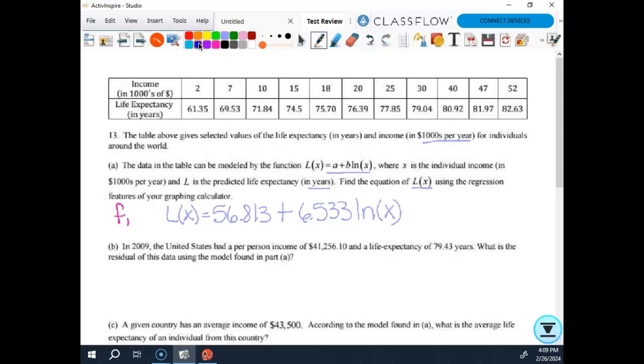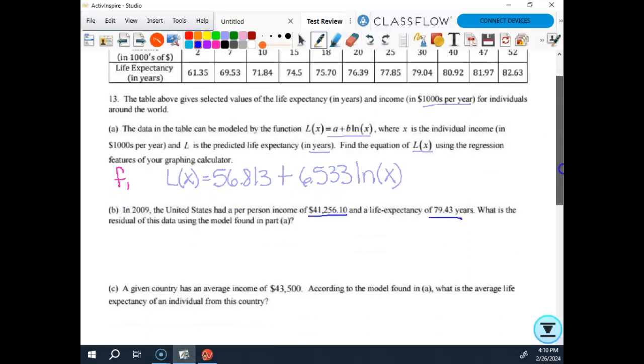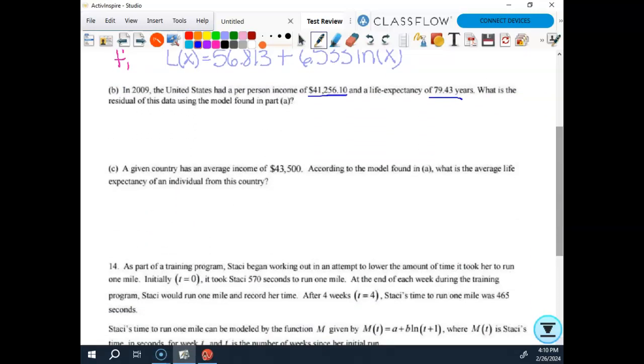All right. In 2009, the United States had a per person income of $41,000 and a life expectancy of 79.43 years. What is the residual of this data using the model found in Part A? Okay, so a couple things. We got to remember what a residual is.